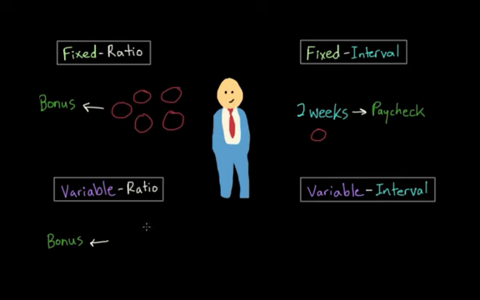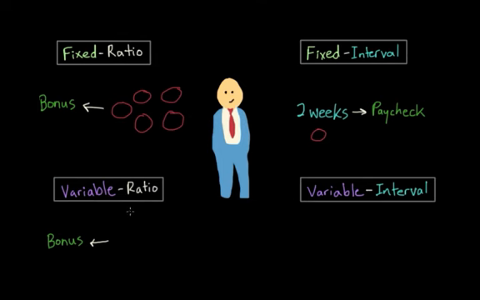So using an example we used for the fixed ratio schedule, there's a car salesman receiving a bonus for every 5 cars he sells. If the number needed to receive a bonus was always fixed at 5, then that would be a fixed ratio schedule. But a variable ratio schedule would vary.